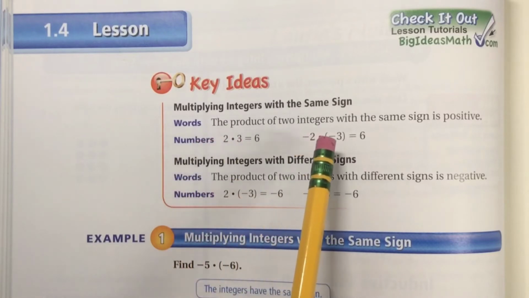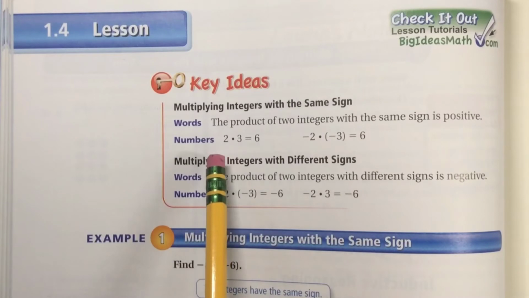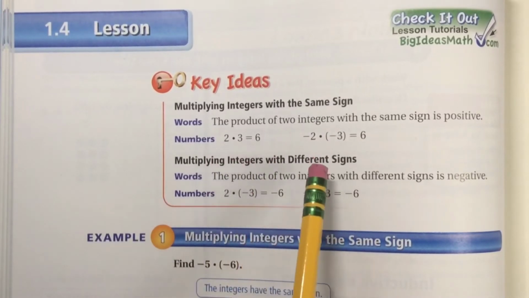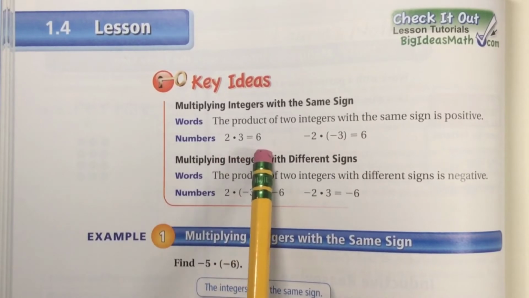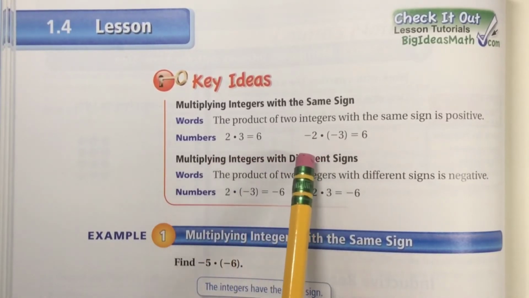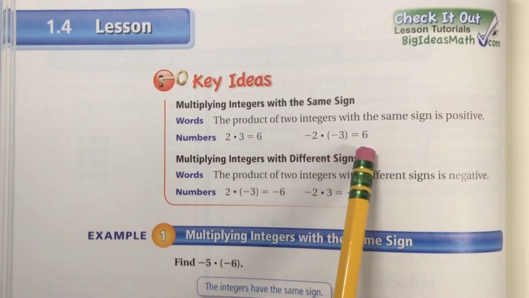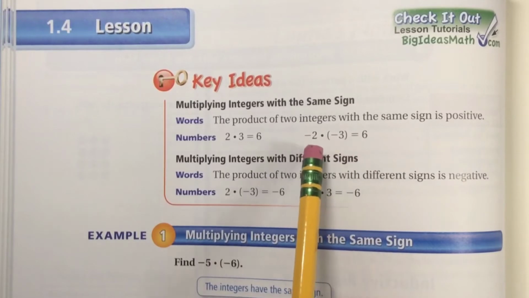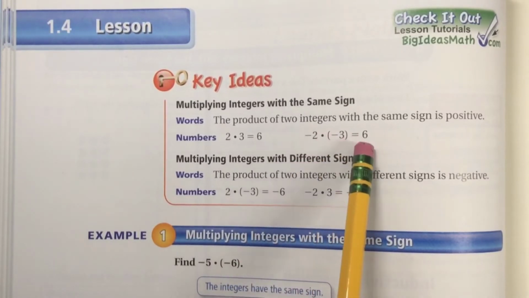The product of two integers with the same sign is positive. So, same sign, positive. Here we have two positives and we get a positive. Now you knew that 2 times 3 equals 6. We've known that for a long time. But here negative 2 times negative 3 also equals a positive 6, because same sign when multiplying and dividing, same sign, positive.